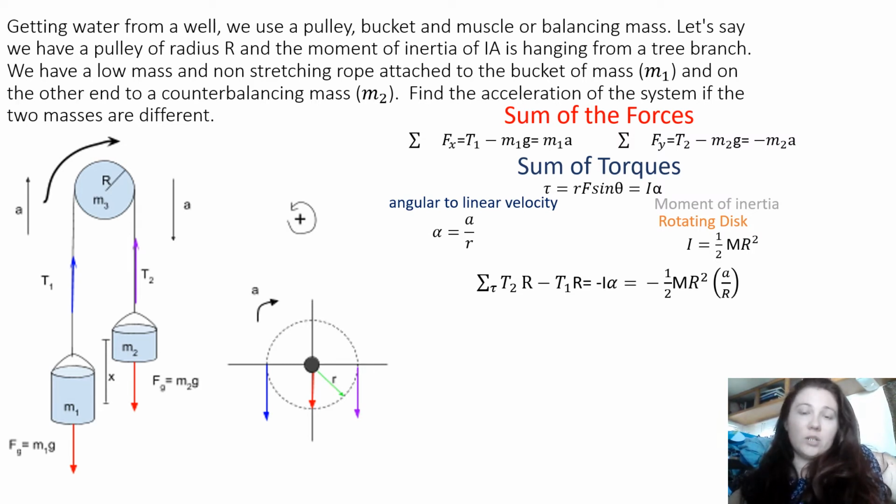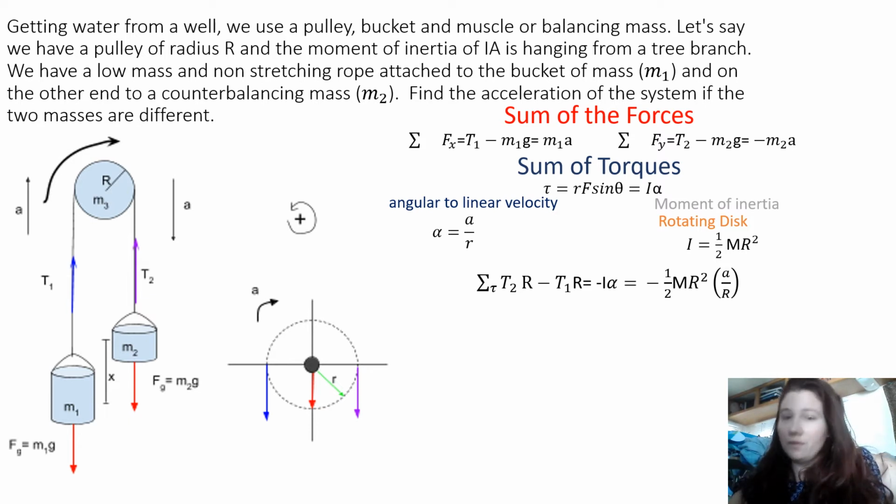So tension 2 multiplied by the radius minus tension 1 multiplied by the radius. So these must equal inertia times alpha.